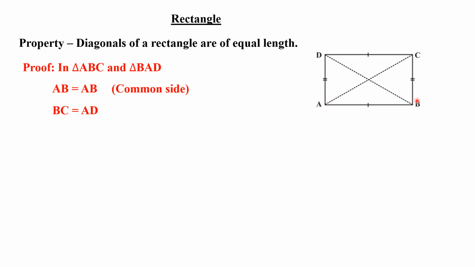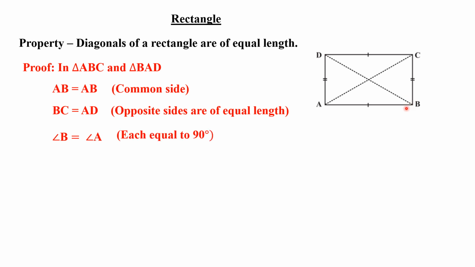Next, BC is equal to AD, because in a rectangle, opposite sides are of equal length. Next, angle B and angle A, both will be equal, because we know that in a rectangle, all the four angles are equal to 90 degrees. So each is equal to 90 degrees. So now these two triangles will be congruent. Okay.